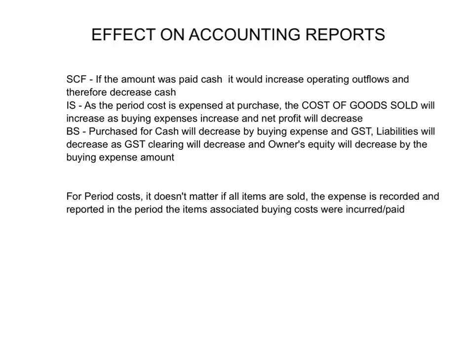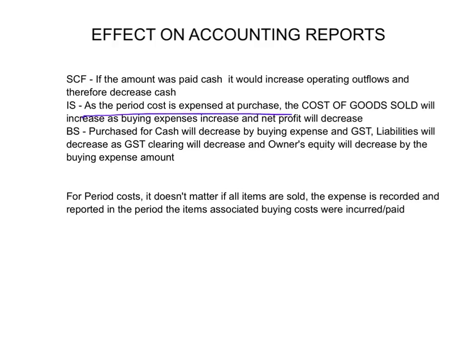In terms of the effect on the accounting report, same as before, if you paid cash for something, goes under operating outflows and decrease in cash. In terms of the income statement, it will always be in the income statement.